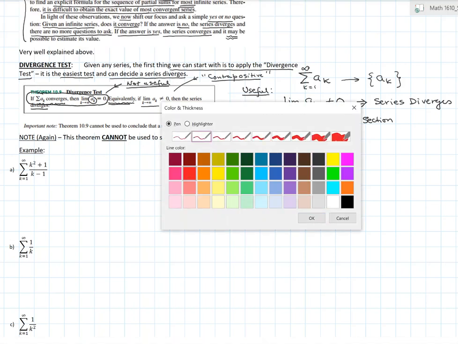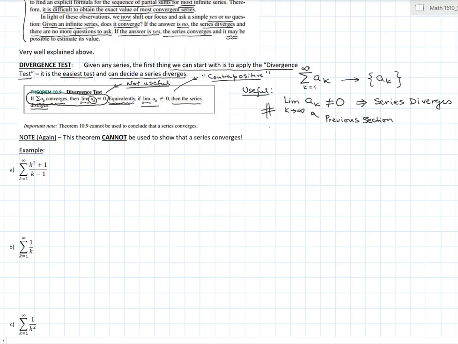Now here is the temptation, and a lot of students fall for it. One would think, which is not right, that if I take the limit as k goes to infinity of ak, and suppose it turns out to be 0, does that mean that the series converges?